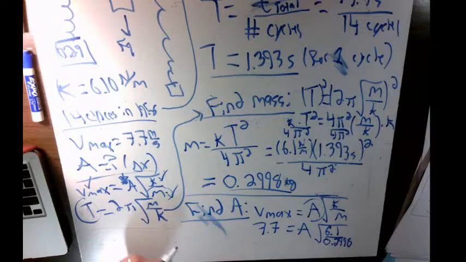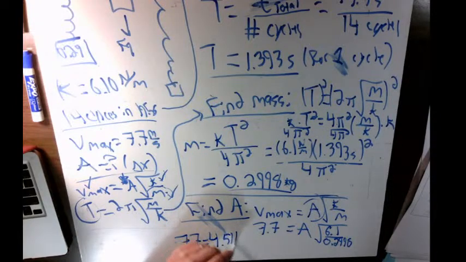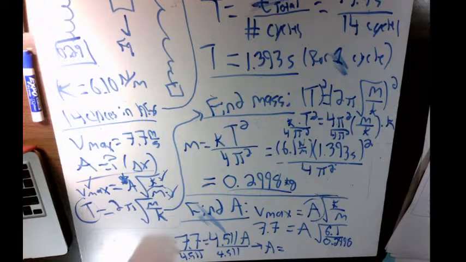So we have 7.7 is equal to 4.511 times our amplitude. We're just going to divide both sides by this. And we're left with our amplitude, which is equal to 7.7 divided by 4.511, or 1.71 meters. And that's our final answer.